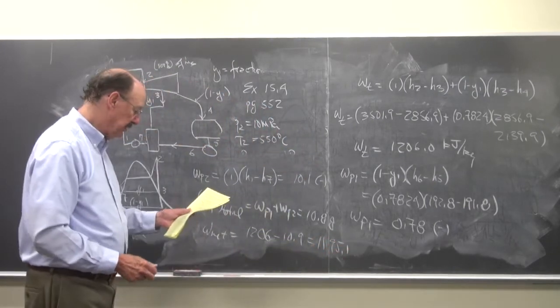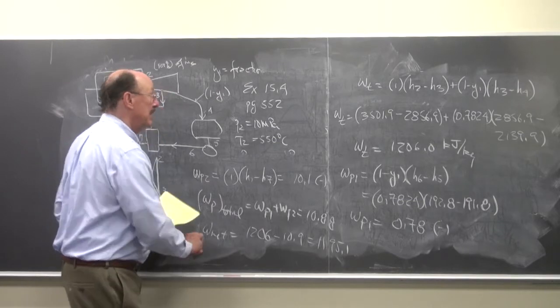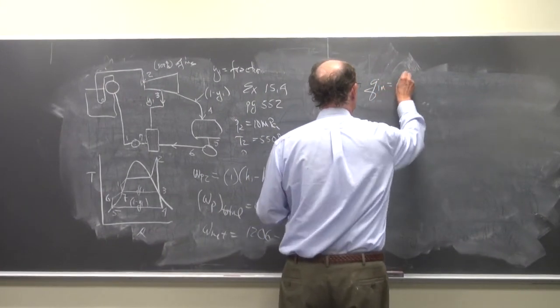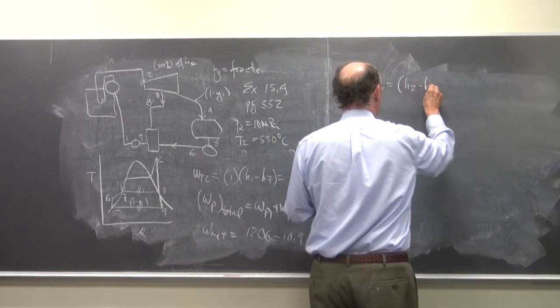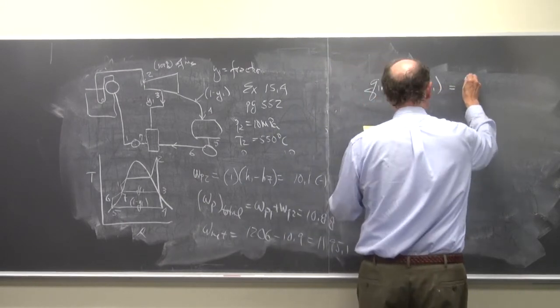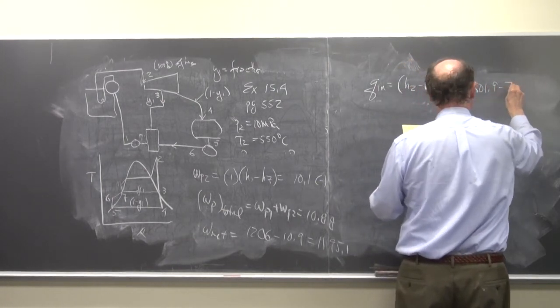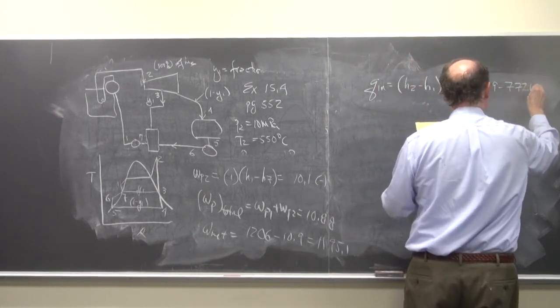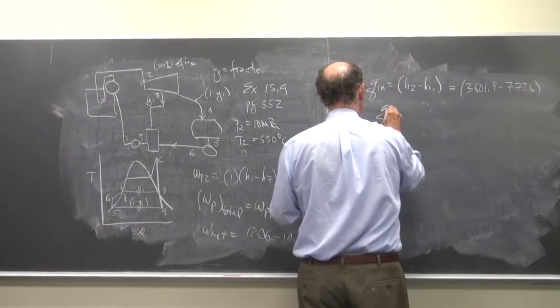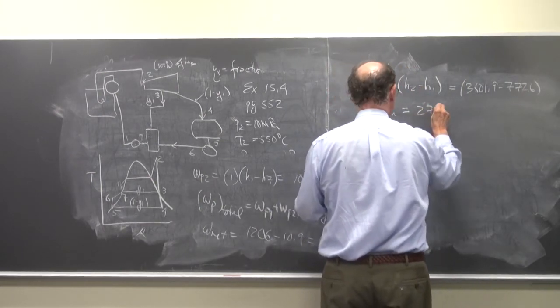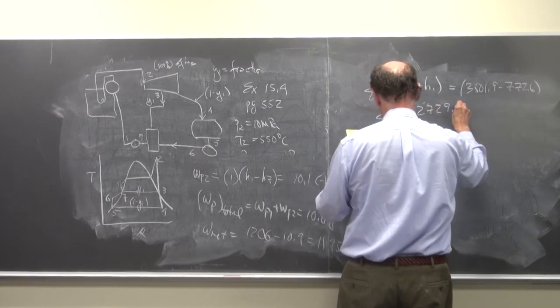And then I can find the Qn, H2 minus H1, and then the efficiency. 3501.9 minus 772.6. Qn is equal to 2729.3.